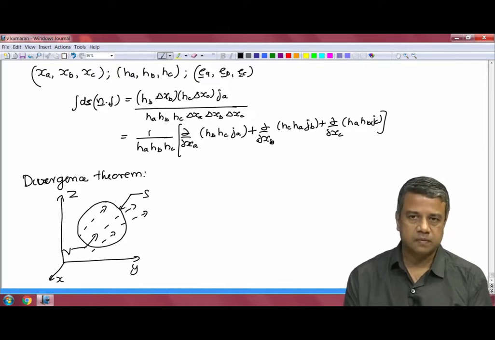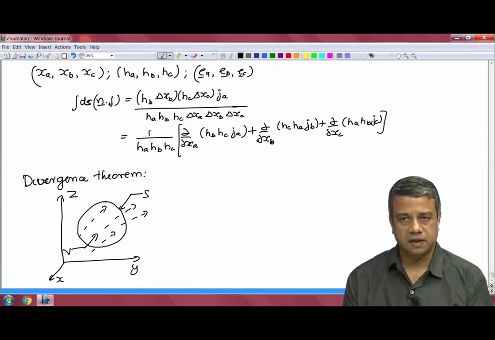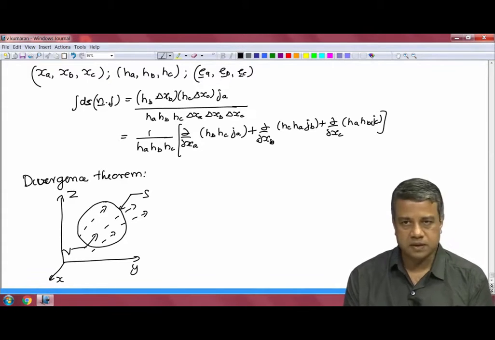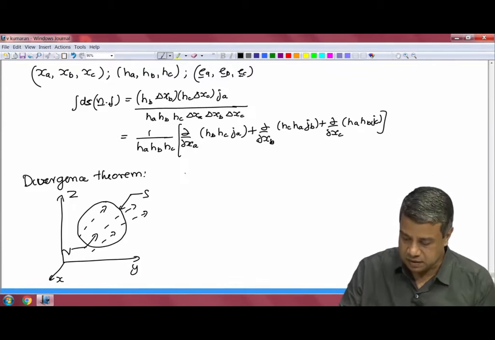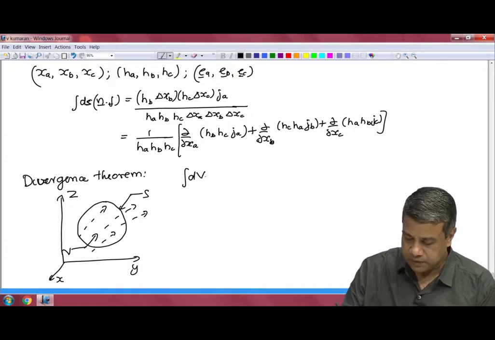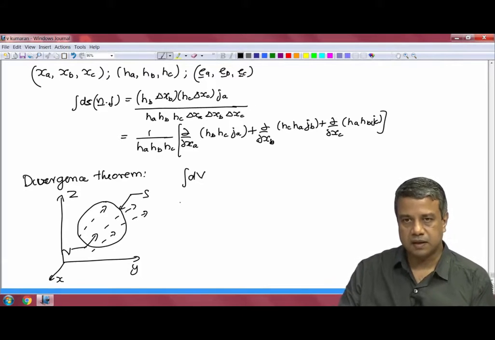A vector field variable could be a flux, a velocity, or any other vector quantity, which is a unique function of position.